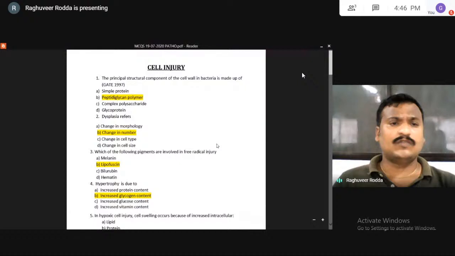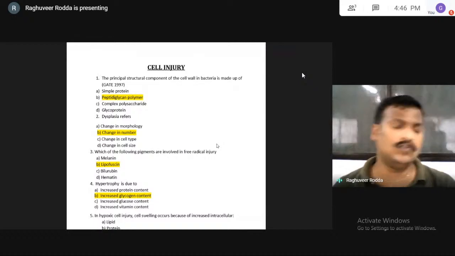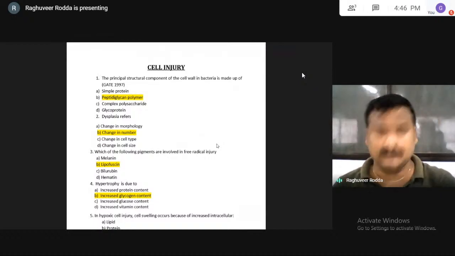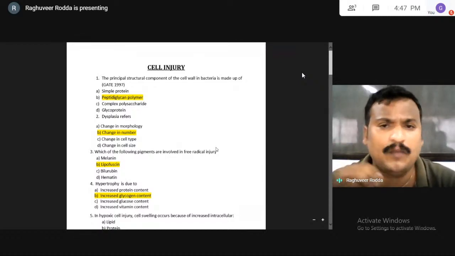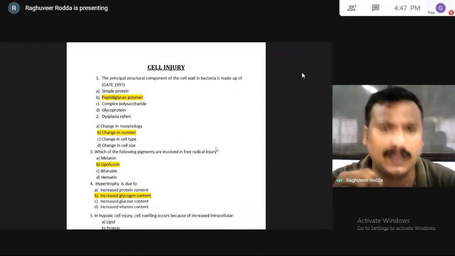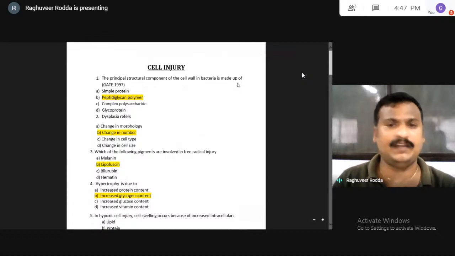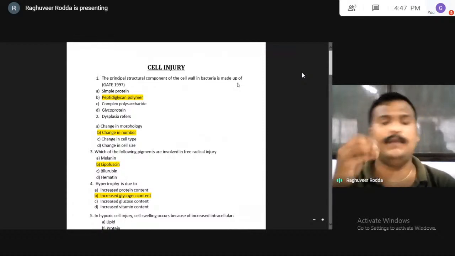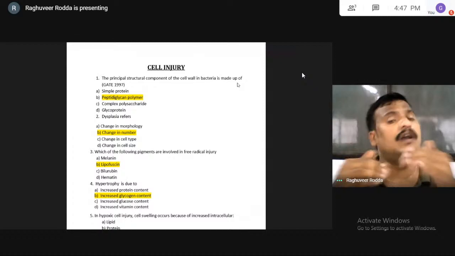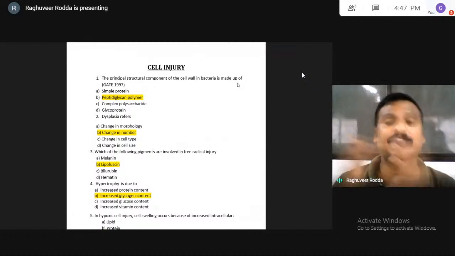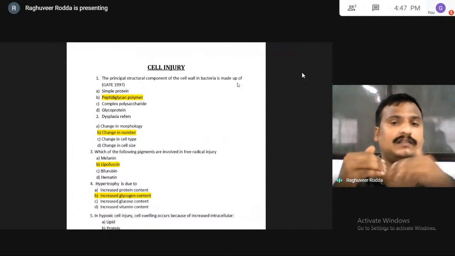So let us discuss some questions related to cell injury. After this we'll go to the inflammatory process again. Let us discuss very fast: the principal structural component of the cell wall in bacteria is made up of what? We get this type of question when dealing with pathology, because bacteria have major organelles involved in cell injuries.